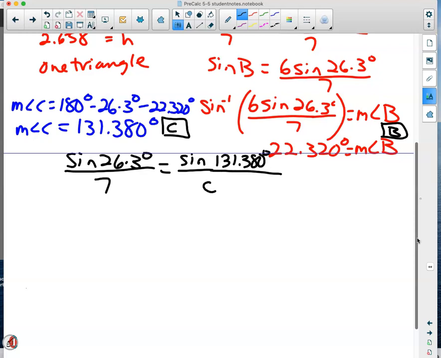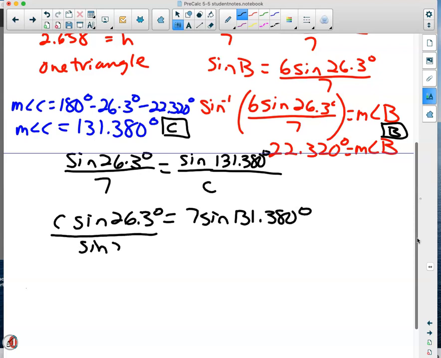But what we're not going to do is use that rounded value. We're going to use the value that we have stored in our graphing calculator. So c sine of 26.3 degrees equals 7 sine 131.380 degrees. Divide both sides by the sine of 26.3 degrees.